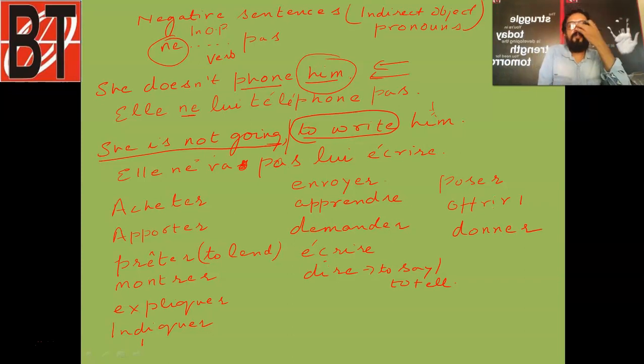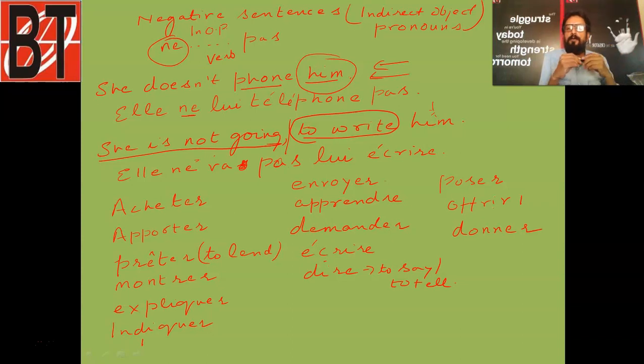There are many verbs, but for the level A1 and A2, these are the verbs that are very important to understand, because these are the verbs that are frequently used when you write your sentence using indirect object pronoun.